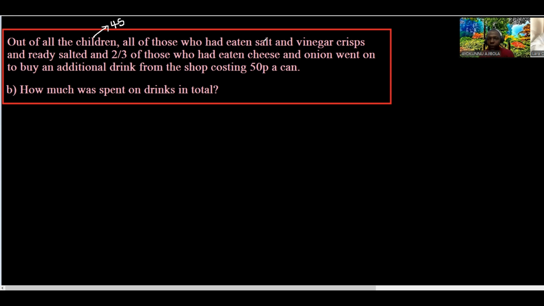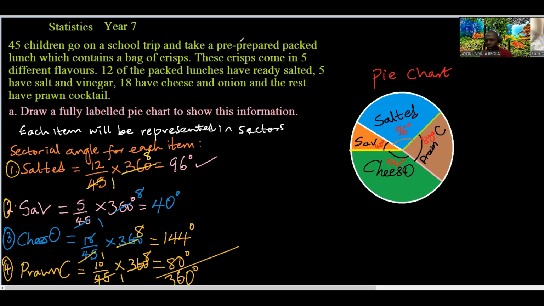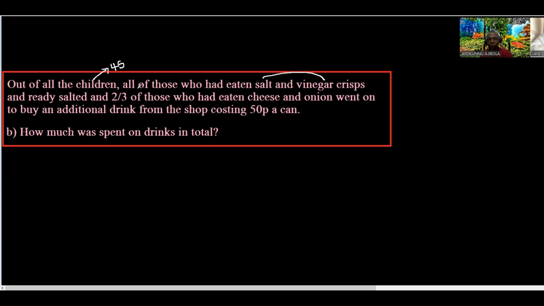All of those who had eaten salt and vinegar, how many are the salt and vinegar? Let's confirm. Salt and vinegar, that's 5. So the 5 of these people, then ready salted.